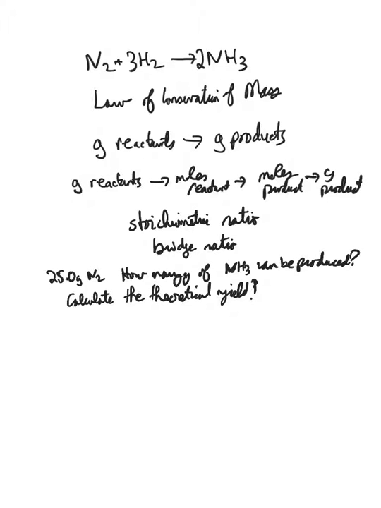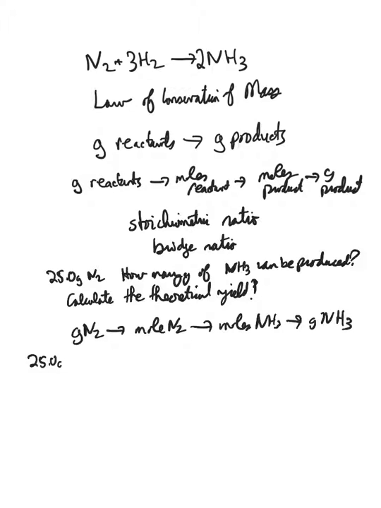The theoretical yield is the maximum amount of product that can be made, assuming that everything goes to completion, there are no side reactions that take place, or impurities in a reaction, something like that. So we're going to take grams of nitrogen, convert that to moles nitrogen, convert that to moles ammonia, and finally convert that to grams of ammonia. So that's our battle plan, or roadmap, if you will.